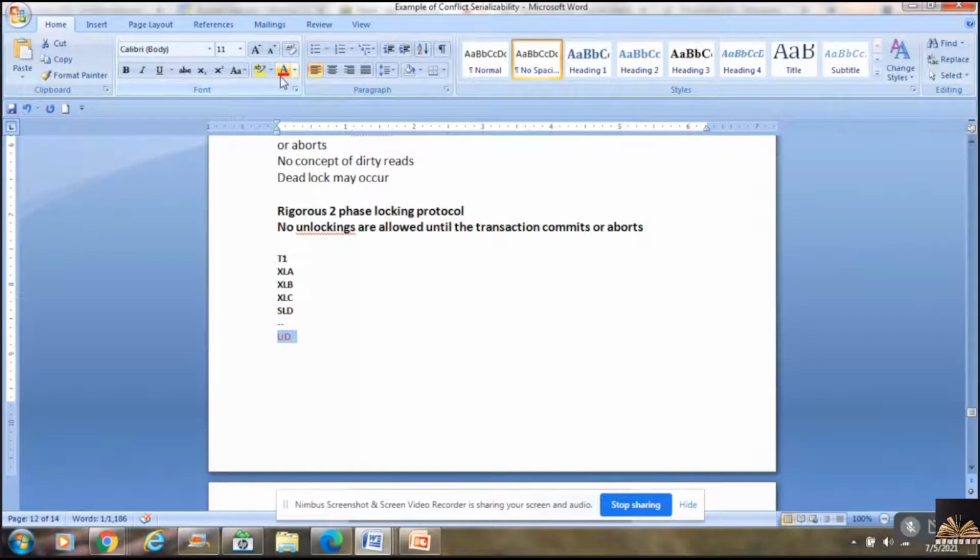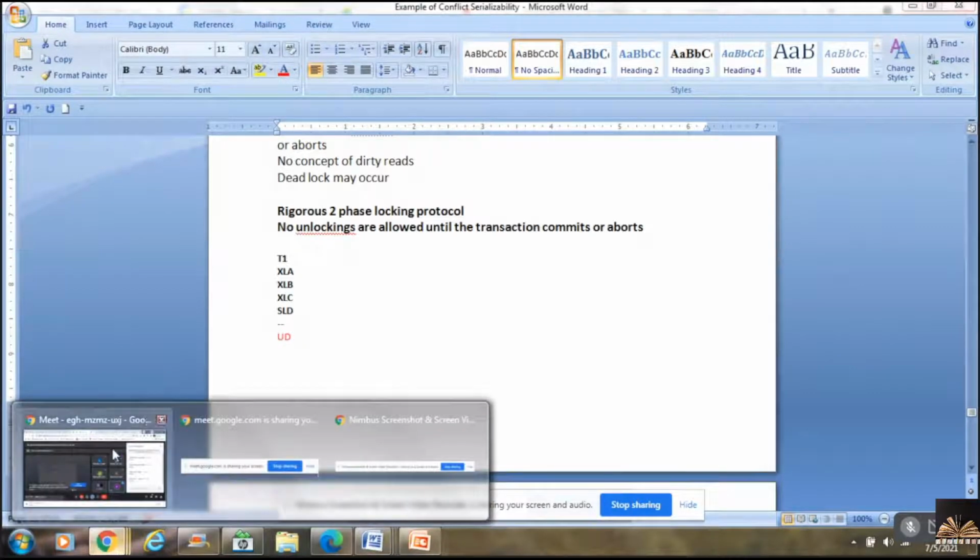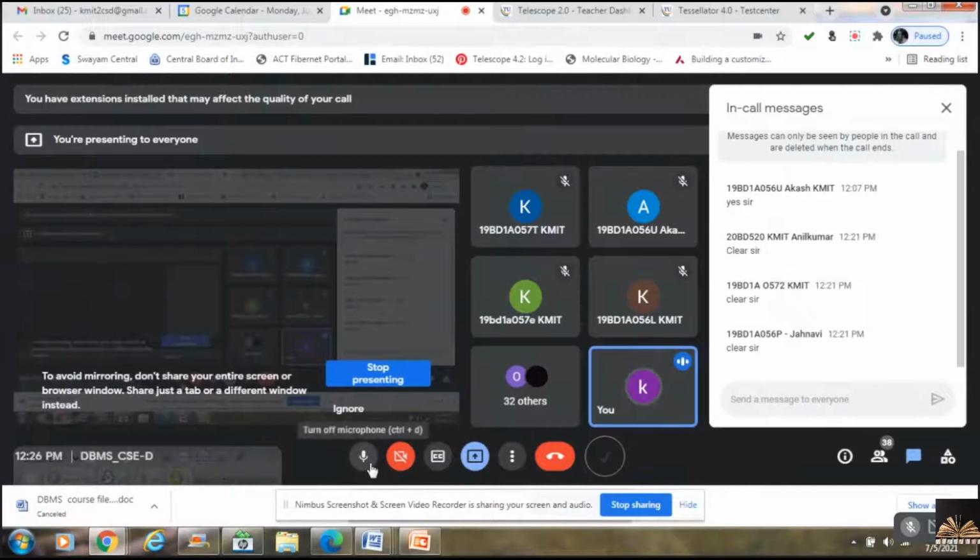Okay, so this is about your strict two-phase locking protocols. This is about your two-phase locking protocols. Any problems with this, ma? You can just go through this. If you have any issues, you can tell. Yes, ma, do you want to go through the PPT or is it okay with you?